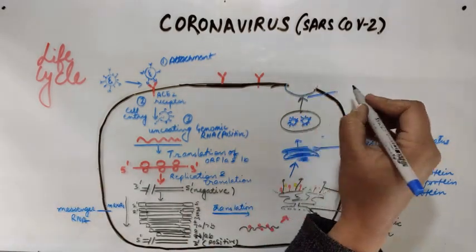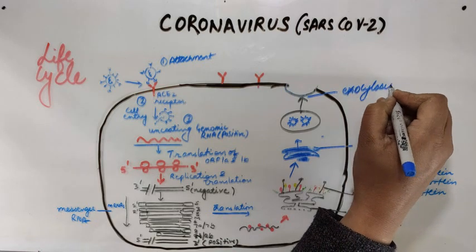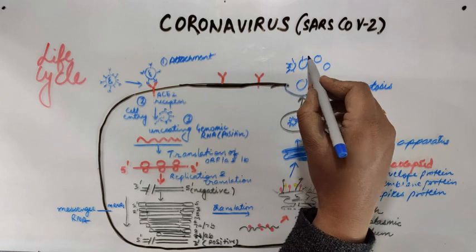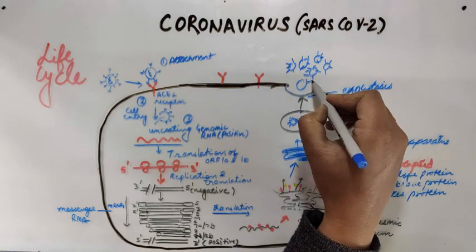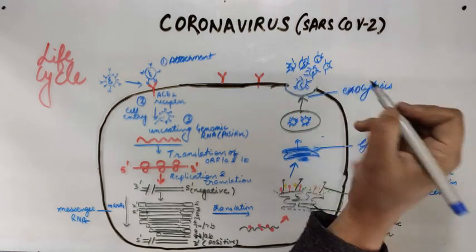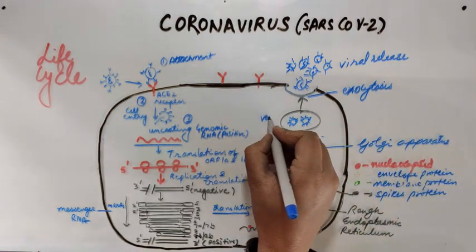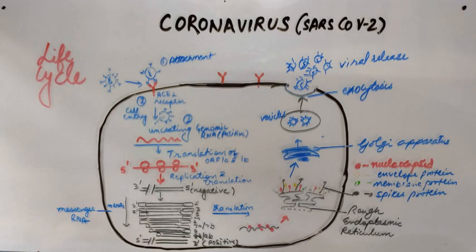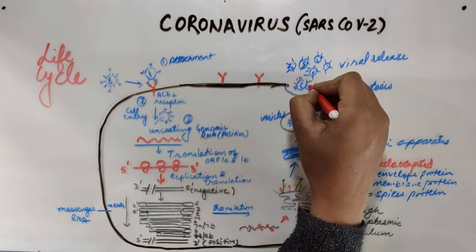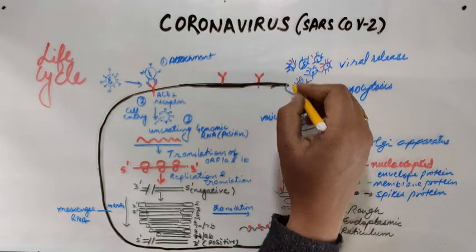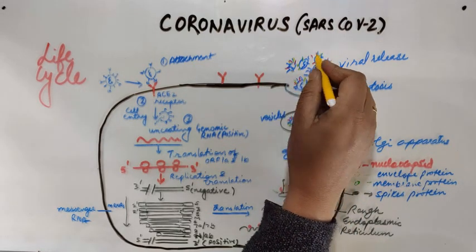And now the newly formed virions are assembled in the vesicles. The M proteins are required for assembly of virus following its binding to nucleocapsid, and thus the newly formed viruses are released from the host cell by the process of exocytosis.